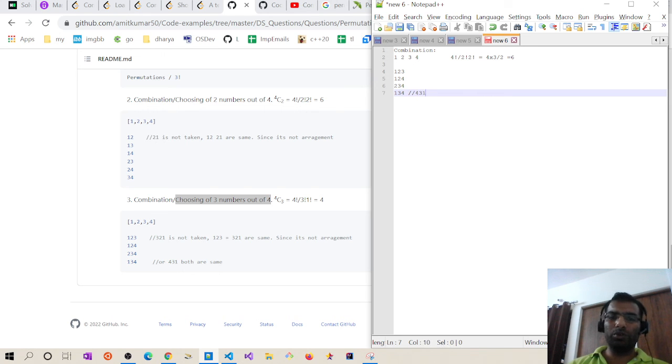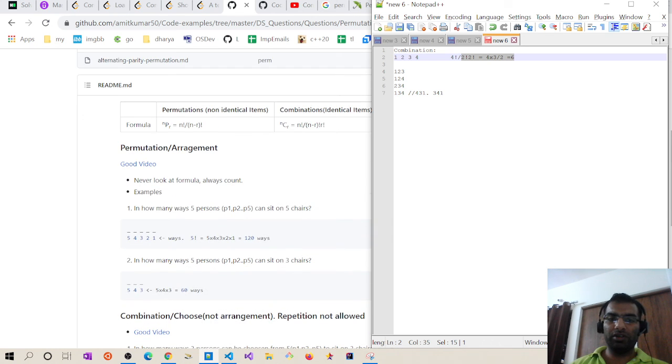This can be 4, 3, 1, or 3, 4, 1, all the same, right? So there are only four choices. It will be 4 factorial divided by 4 minus 3, which is 1 factorial, multiplied by r factorial, that is 3 factorial. So it will be equal to 4 only.